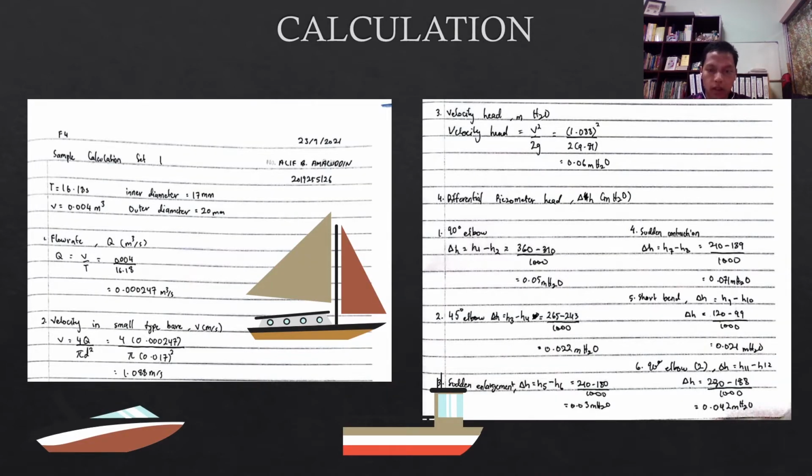So this is the calculation of it. I will give around 1 minute to make sure that everybody can see before I do the calculation. So we have flow rate, velocity of small pipe, velocity head, differential piezometer head.